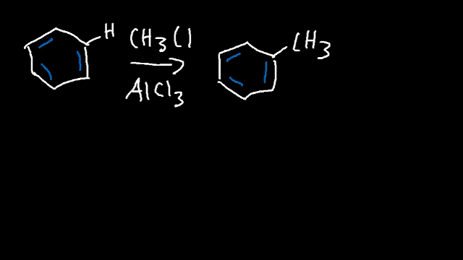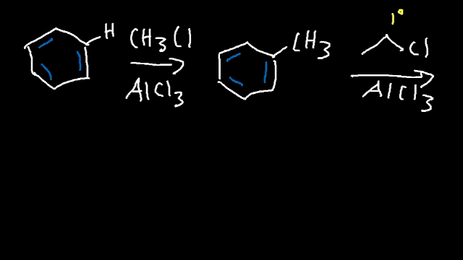So if you have a nitro group on a ring, the reaction doesn't work very well with that. So let's say we add ethyl chloride with aluminum chloride. This won't rearrange because both carbon atoms are primary. If there was a secondary carbon, then it might rearrange.